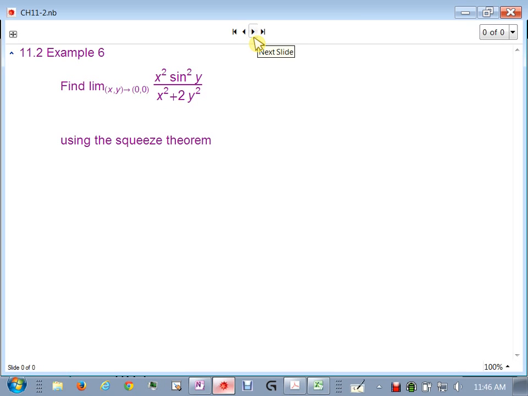So let's find the limit as (x, y) approaches (0, 0) of x squared sine squared y over x squared plus 2y squared, using the squeeze theorem. I'd like to know what this is.